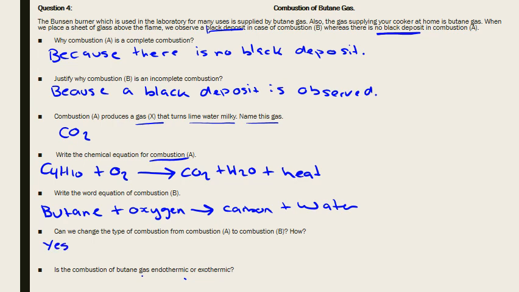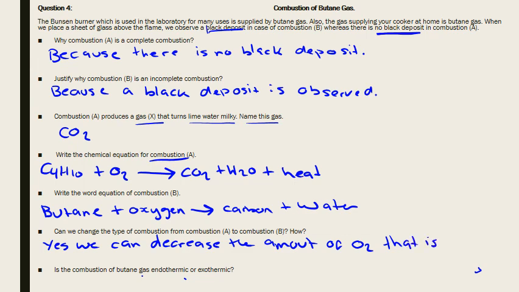So yes, we can decrease the amount of oxygen that is supplied to the butane gas. Is the combustion of butane gas endothermic or exothermic? It is always exothermic because there's a release of heat.